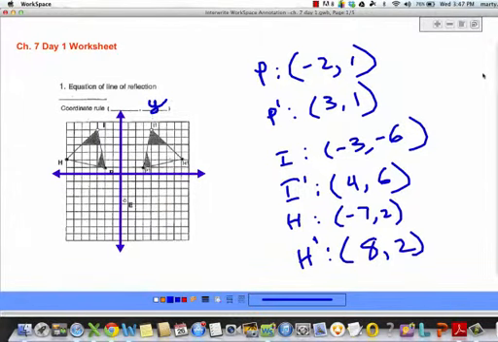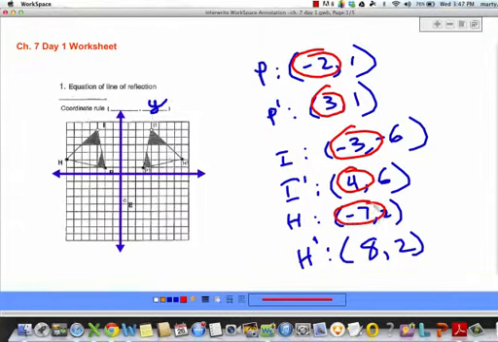So what we're really focused on at this point is how we are getting from -2 to 3, -3 to 4, -7 to 8. There's definitely a correlation here.